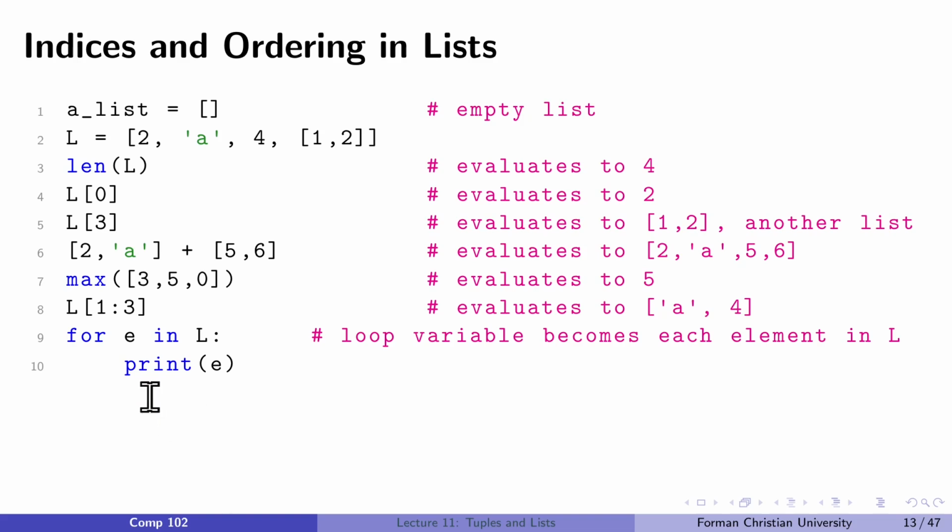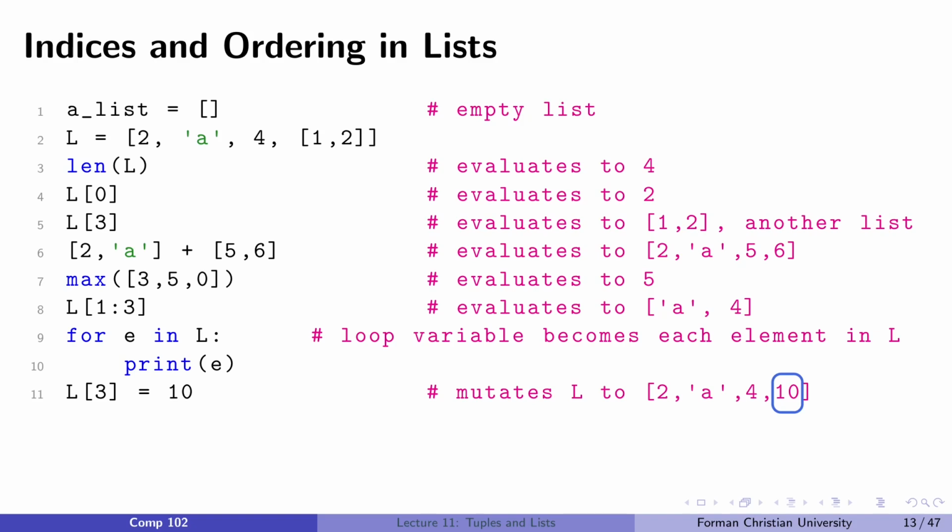You can also loop through a list with a for loop, for e in L. This works exactly like a string. So if you run this for loop here, it's going to print all of the individual items from this list. And here's the key difference from tuples.